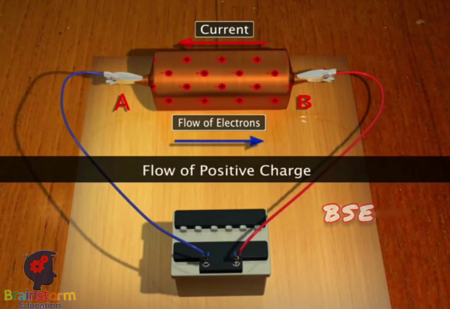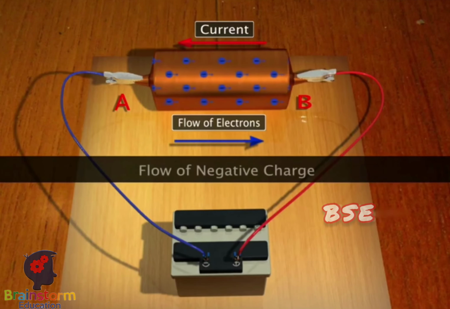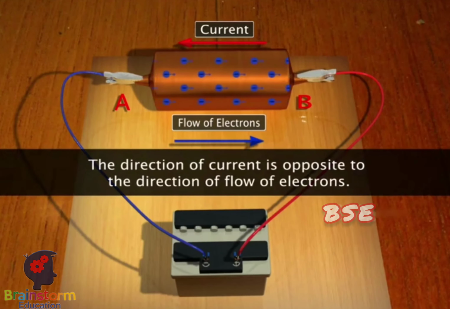In the beginning, electric current was defined as a flow of positive charge from the positive terminal of a battery to its negative terminal. Later, it was found out that current is the flow of negatively charged electrons from the negative terminal of a battery to its positive terminal. However, by convention, the direction of current is indicated as opposite to that of the flow of electrons.